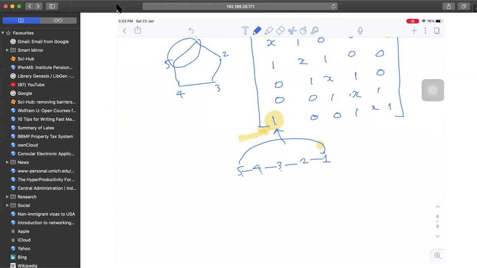Now, trimethylene methyl radical. It has 4 carbon atoms. Let me write the numbering in this fashion: 1, 2, 3, 4. So you will have X, X, X, X. Because there are 4 carbon atoms, you have to put 4 X's.